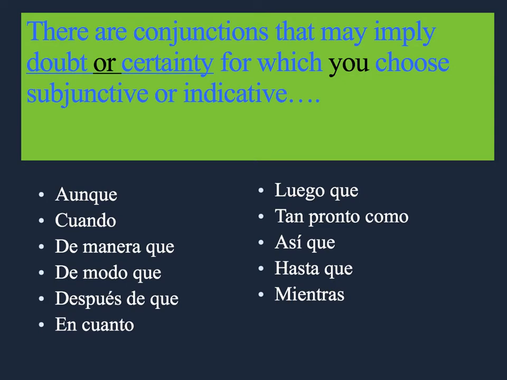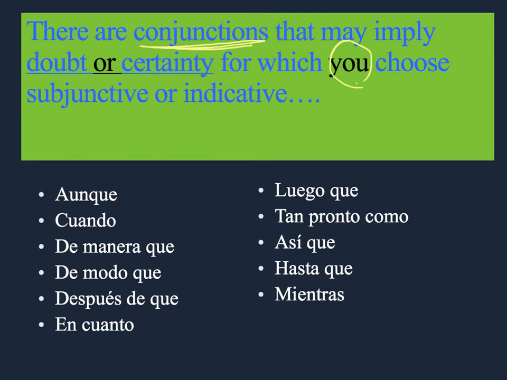There are other conjunctions that are not in escapa a, and the other grouping of conjunctions may or may not imply doubt or certainty. They may imply one or the other, so you have to be the person who chooses whether or not to use subjunctive after them. Let's take a look at the list of conjunctions for which you have to make the decision.